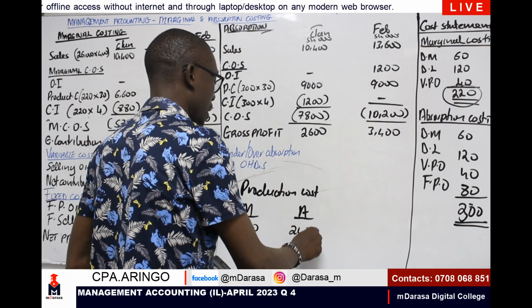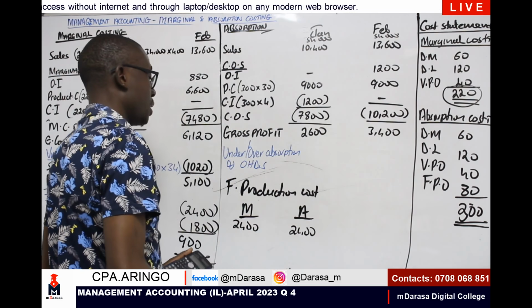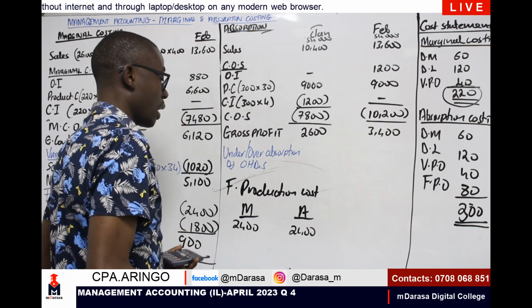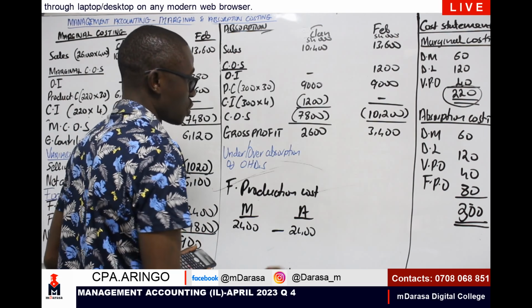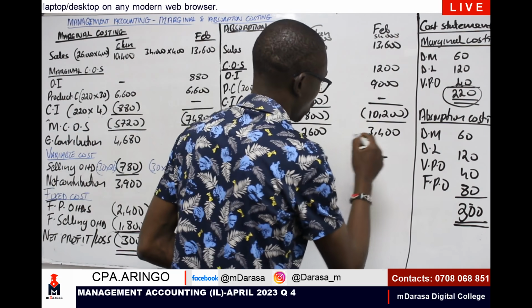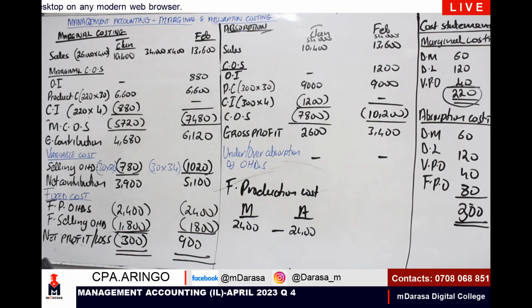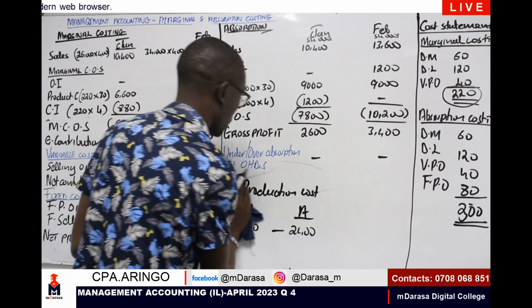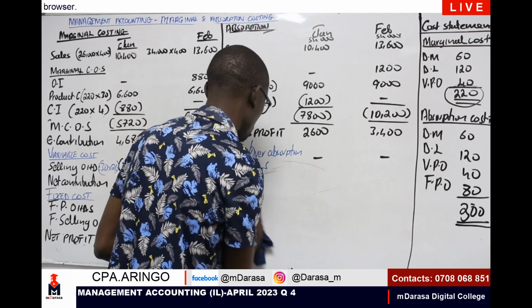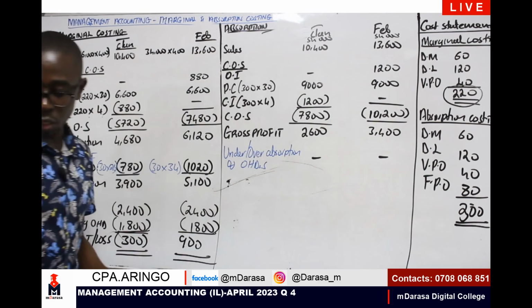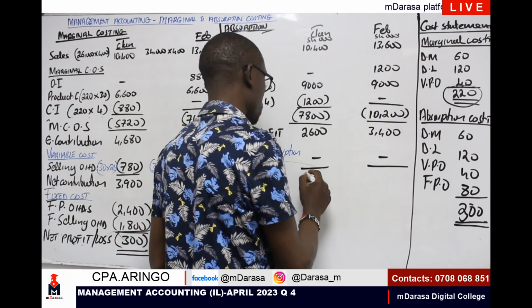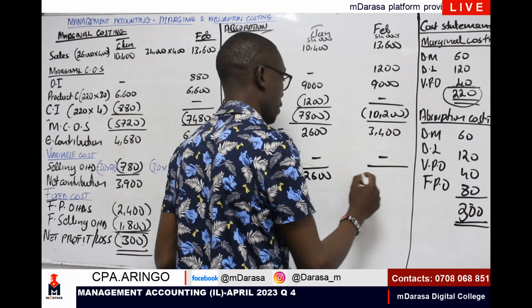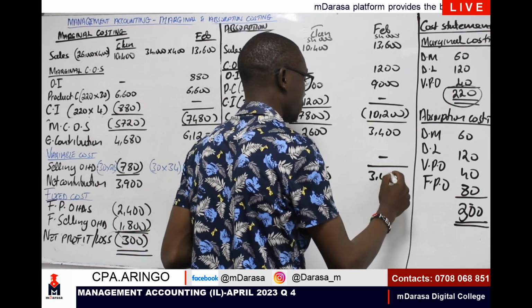So here, I don't have either under or over absorption, because 2.4 minus 2.4 is 0. So this is dash, this is dash. I won't be having any adjustment, so I'm going to consider this bit to be 2.6 here, and 3.4 here.